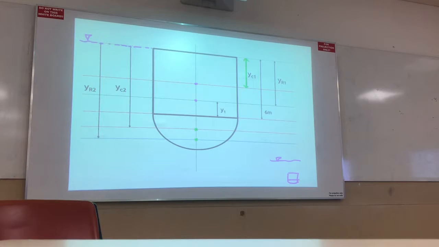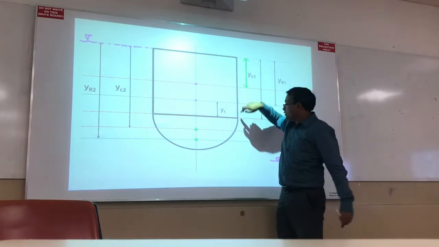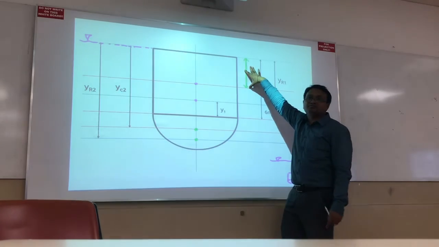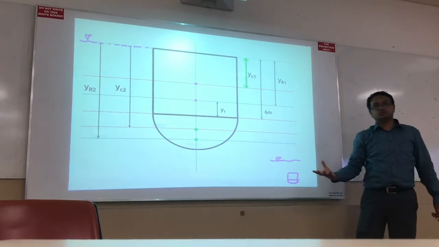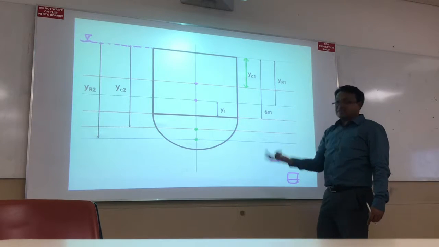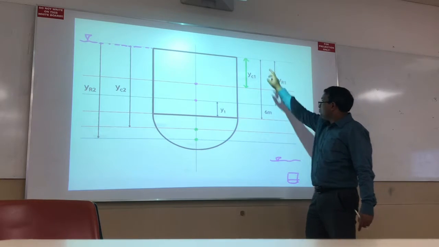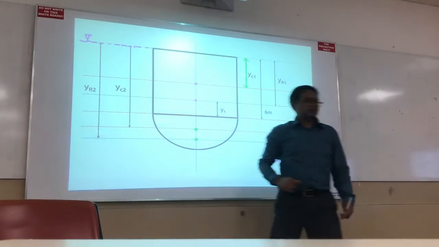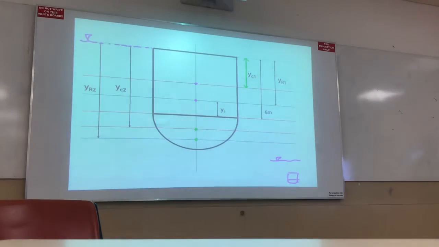What is the value of YC1, the distance from here to here? From here to here is 6, so this one is definitely 3 for the rectangular object. YC1 becomes 6 by 2, which is 3.